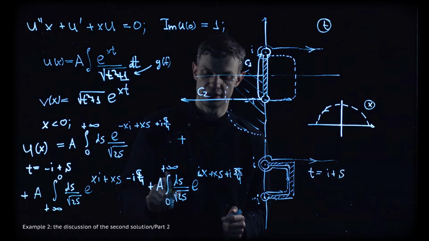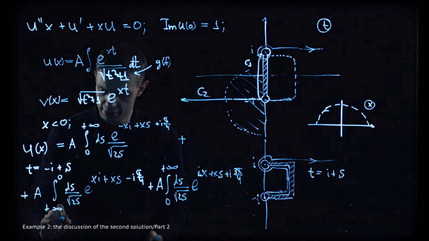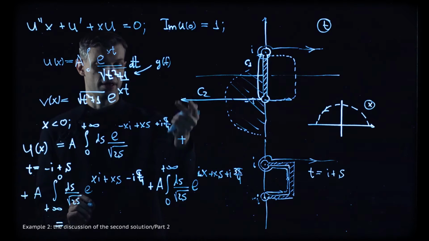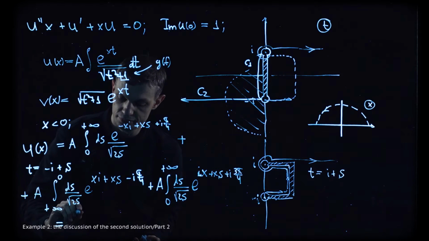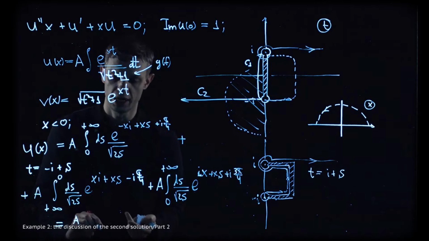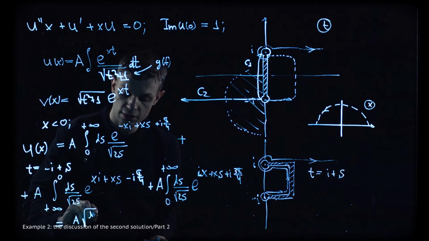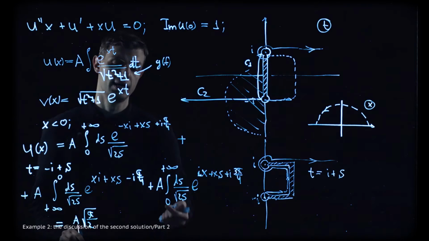So the answer for this is just, okay, let's write down the full answer now. So the full asymptotics now reads, so the first integral gives us the gamma function of 1/2, which is again square root of pi, so it's square root of pi by 2.